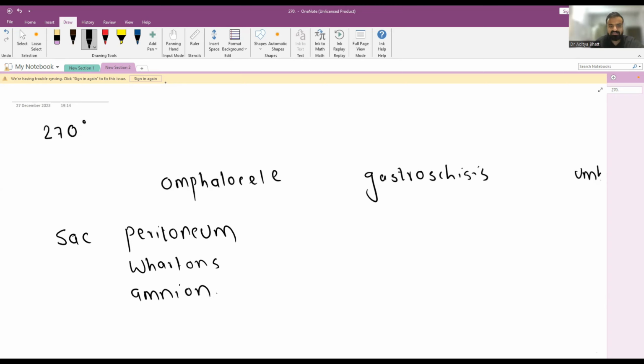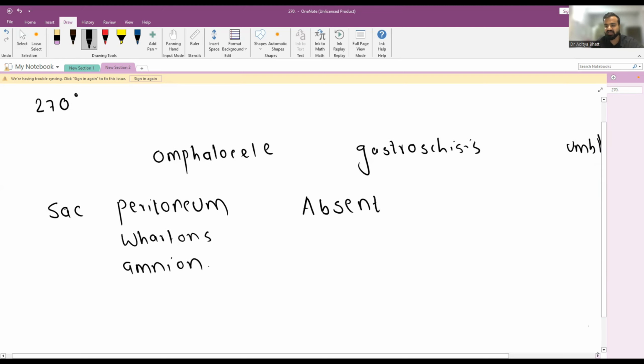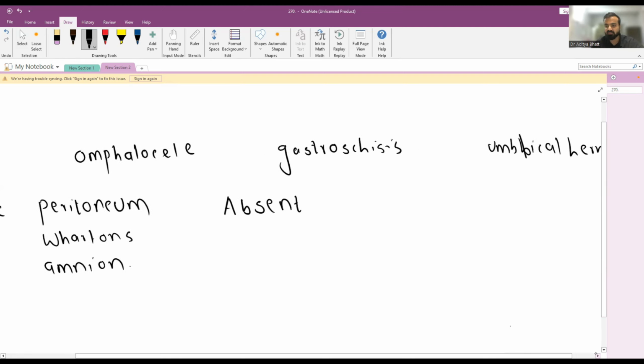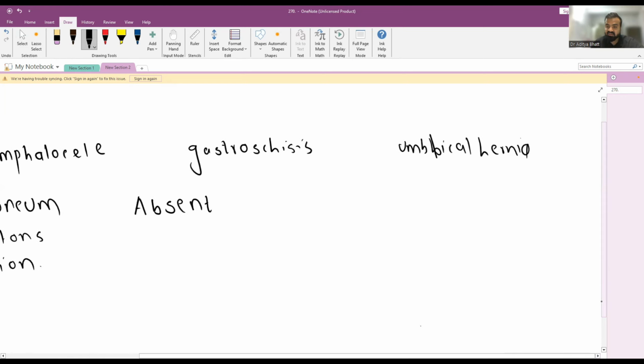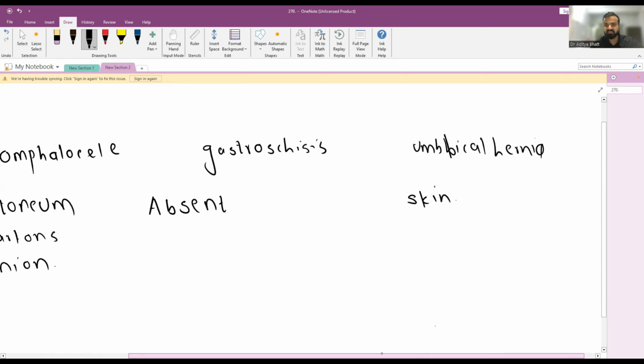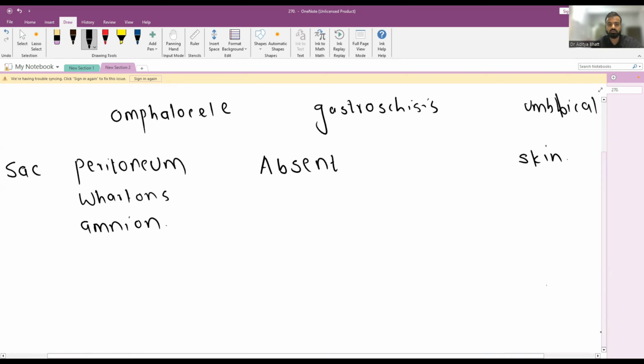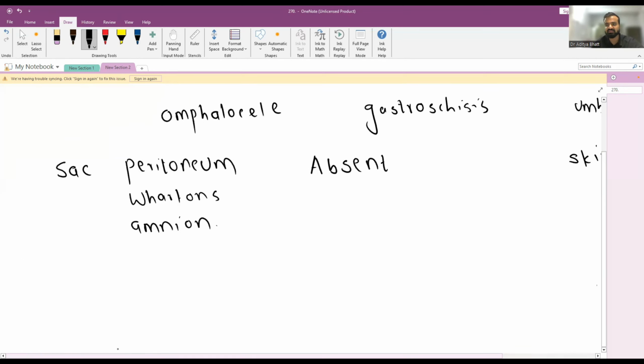Even Richter's fascia is there over the omphalocele. Gastroschisis has no covering. The gut contents are open and lying outside, and that is the issue. Umbilical hernia has all three layers intact, subcutaneous tissue, skin, and so on, so there is no issue. It is due to weakness in the muscle.